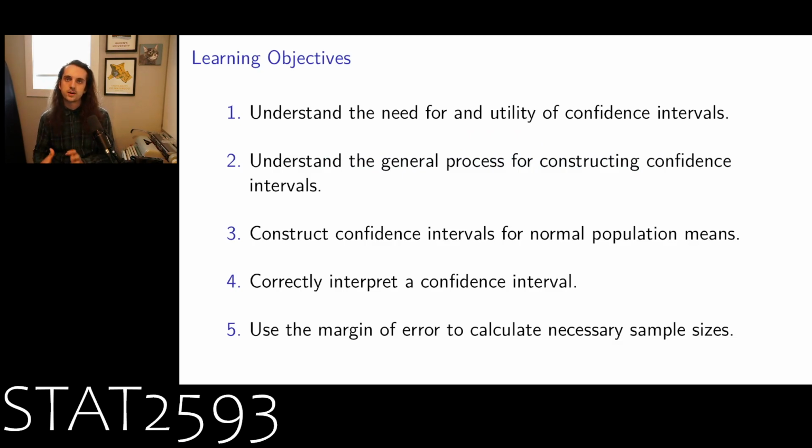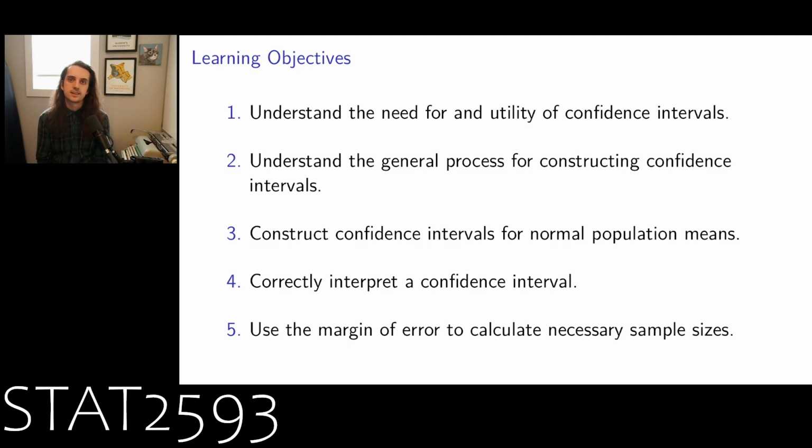There are quite a few objectives for the lesson today. First, we want to understand the need for and the utility of confidence intervals. We're going to try to understand what the general process for constructing a confidence interval is, and then we're going to see how we can construct confidence intervals for normal population means. We want to spend quite a bit of time talking about the correct interpretation for a confidence interval.